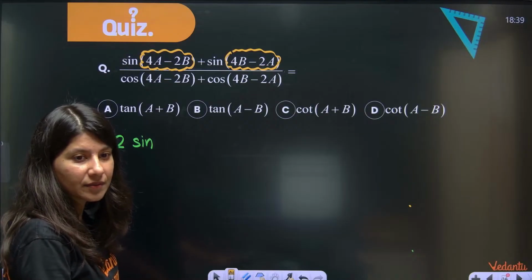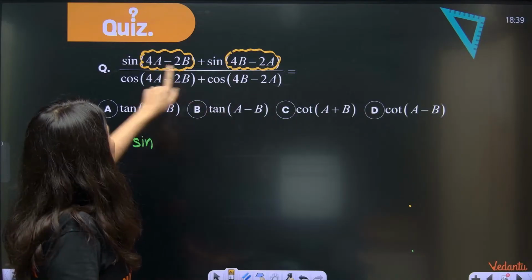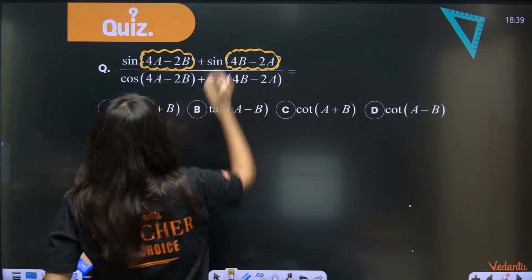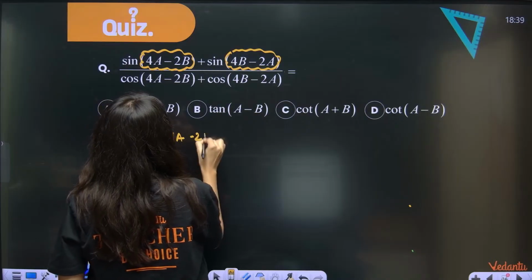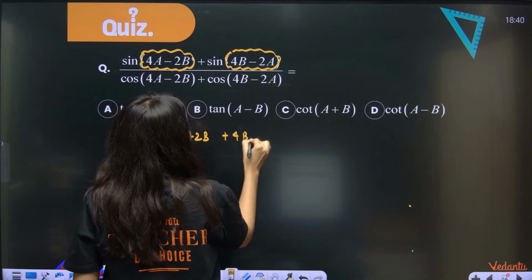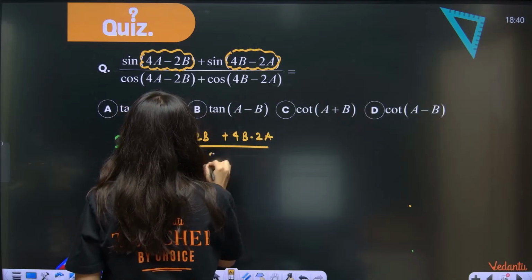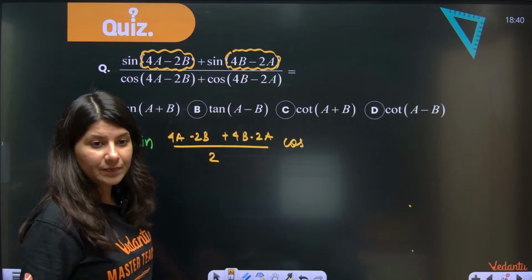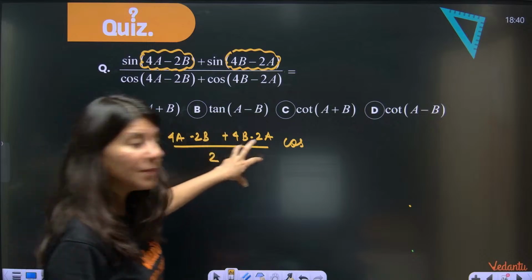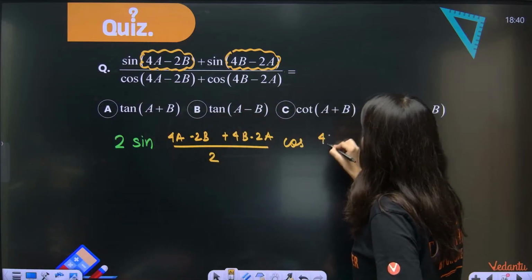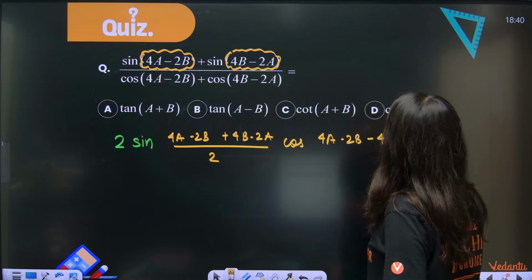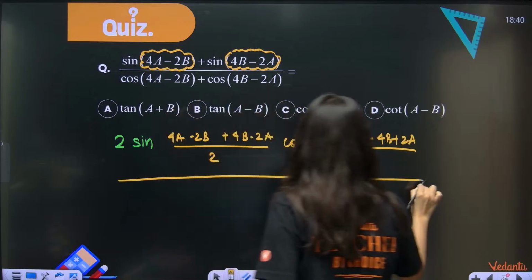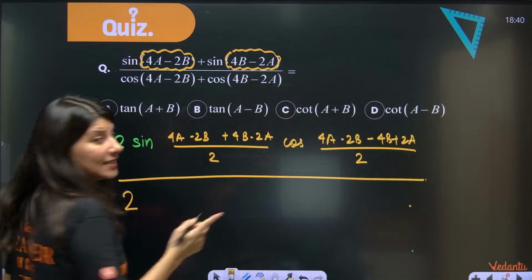We need to add these two, so (4A minus 2B plus 4B minus 2A)/2, cos. So sin C plus sin D is 2 sin (C plus D)/2 cos (C minus D)/2. So (4A minus 2B minus 4B plus 2A)/2, whole upon. Now cos C plus cos D.